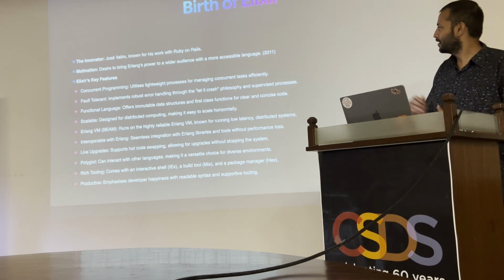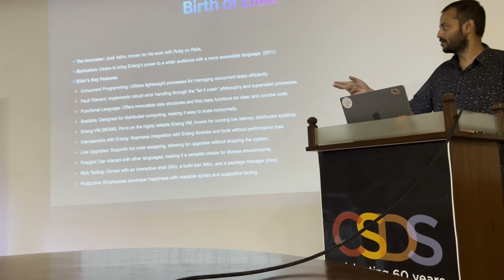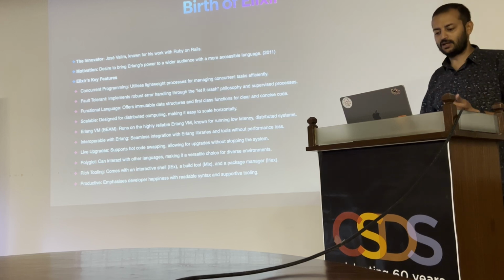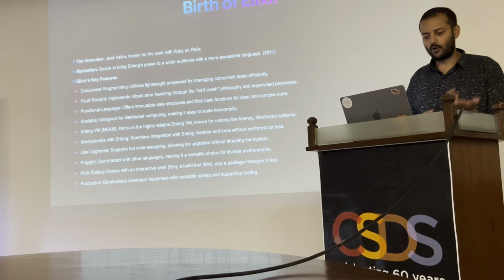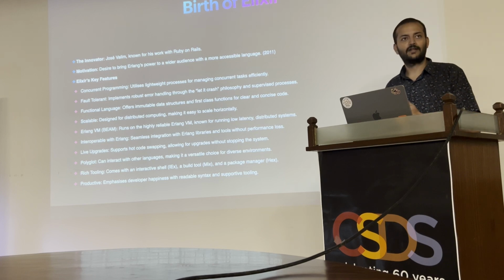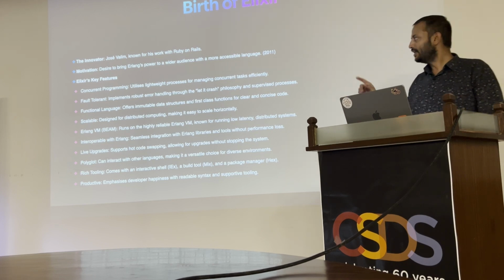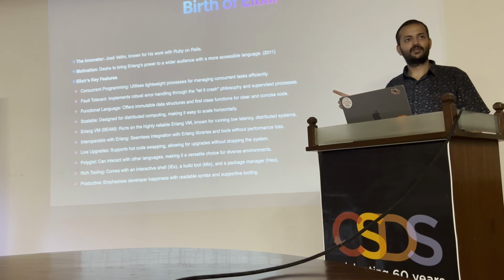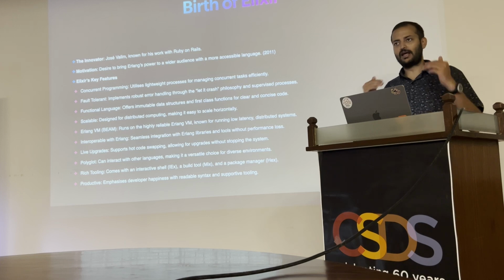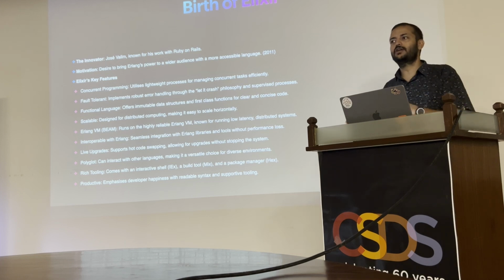One more fact: Beam, you will come across the word often in this domain, but it stands for Bogdan's Erlang Abstract Machine, or Björn's Erlang Abstract Machine. That's the full form of Beam. And funnily, it was not the first VM. There was something called Jam in the ecosystem. So the entire language was actually first running on a virtual machine called Jam.